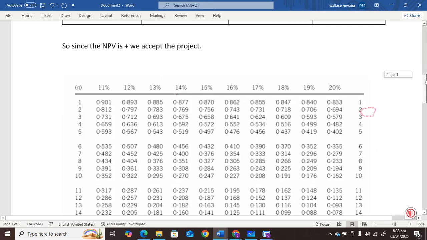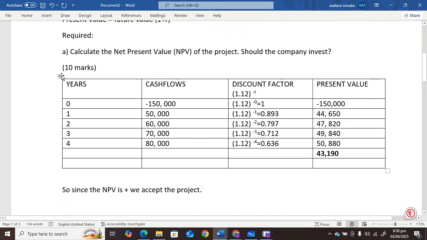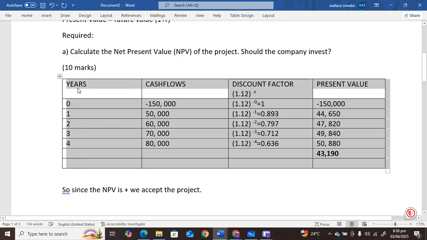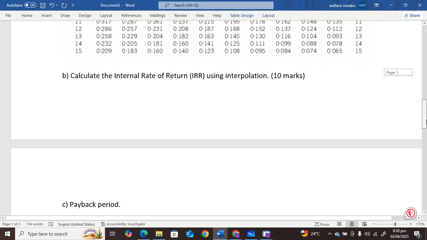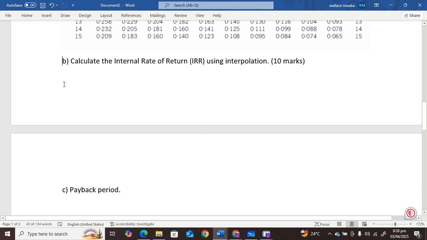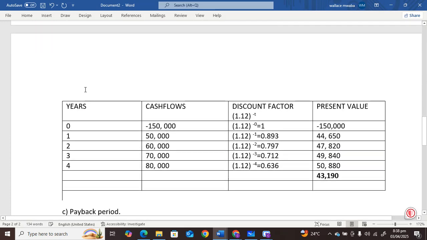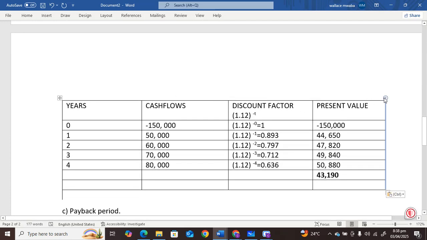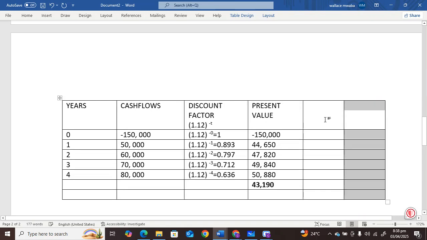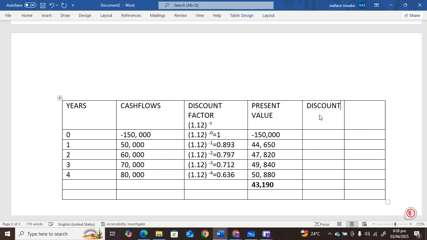In the question they said calculate the internal rate of return using interpolation. So this is how we're going to do it. As I said, since it's a continuation of the net present value technique, we just need to include a new discount factor in our table, because since we've got a positive net present value, we want our next net present value to be negative.